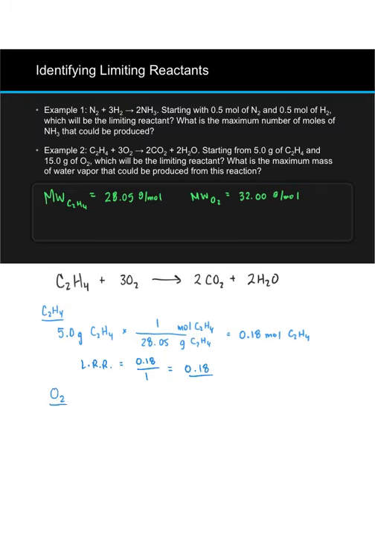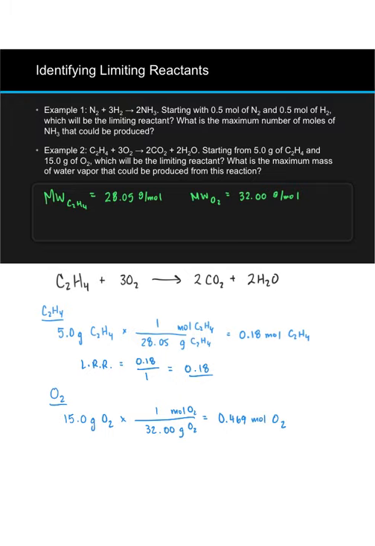Similarly, for oxygen, O2, we can convert mass, 15 grams given, into number of moles by dividing by its molar mass. This gives us 0.469 moles of O2.